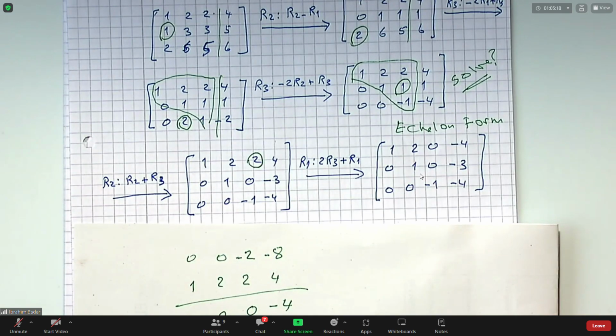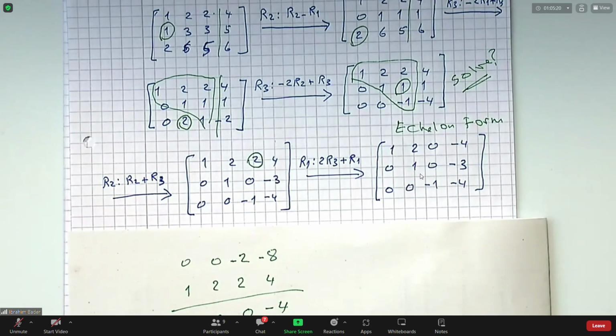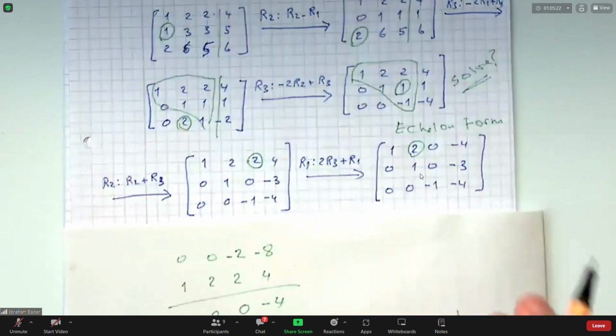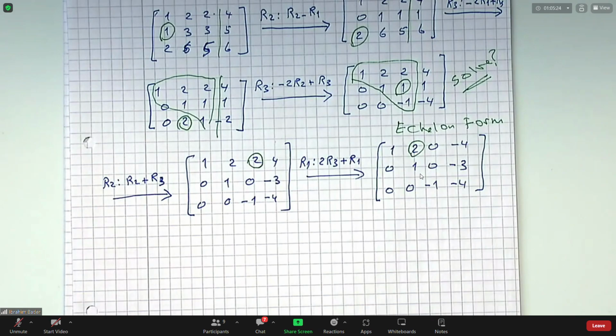Looks good. We have one more element to eliminate, which is this one. Now to eliminate this element here, we will multiply R2 by -2.